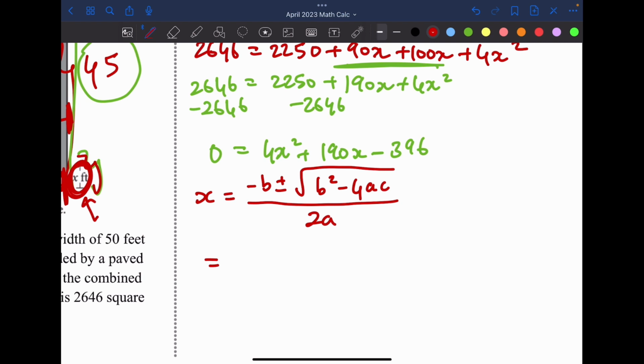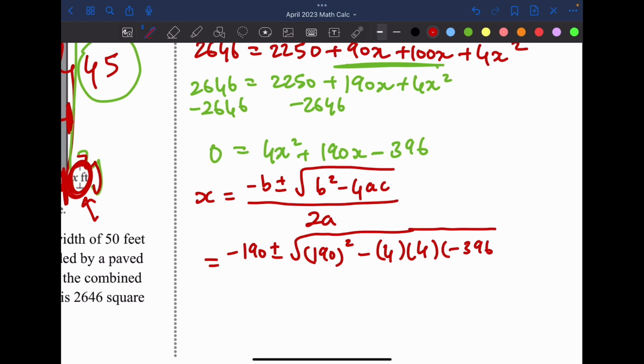So in this case, negative b is going to be negative 190. So negative 190 plus minus the square root of 190 squared minus 4 times, in this case, a is 4, and then c is negative 396. Okay, like that, all over 2 times a, which is 2 times 4, which is just 8.